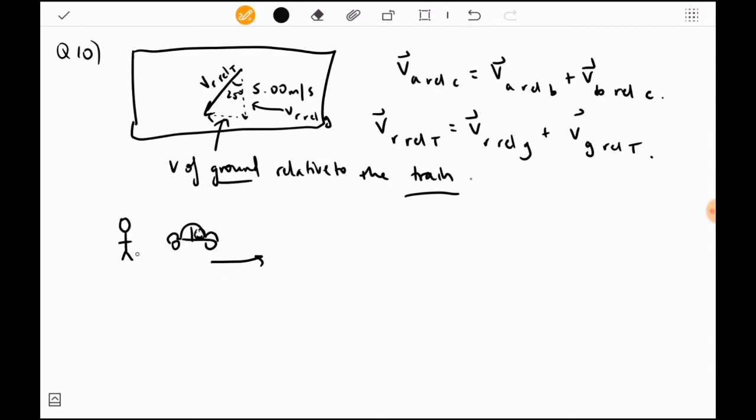But from your point of view, you can think of it as your friend is moving backwards with the same speed. So the velocity of the ground relative to the train, the G rel T, is actually equal in magnitude to the velocity of the train relative to the ground, just in the opposite direction. So negative V T rel G, but their magnitudes are the same.